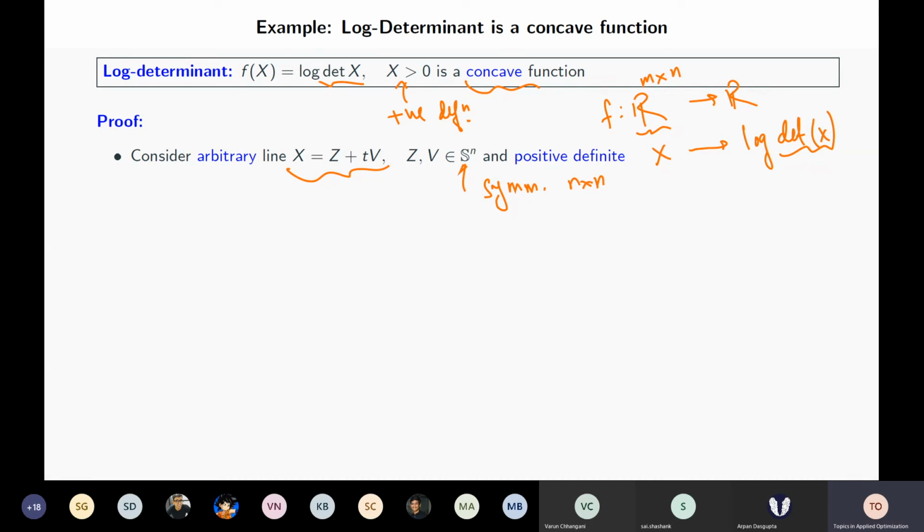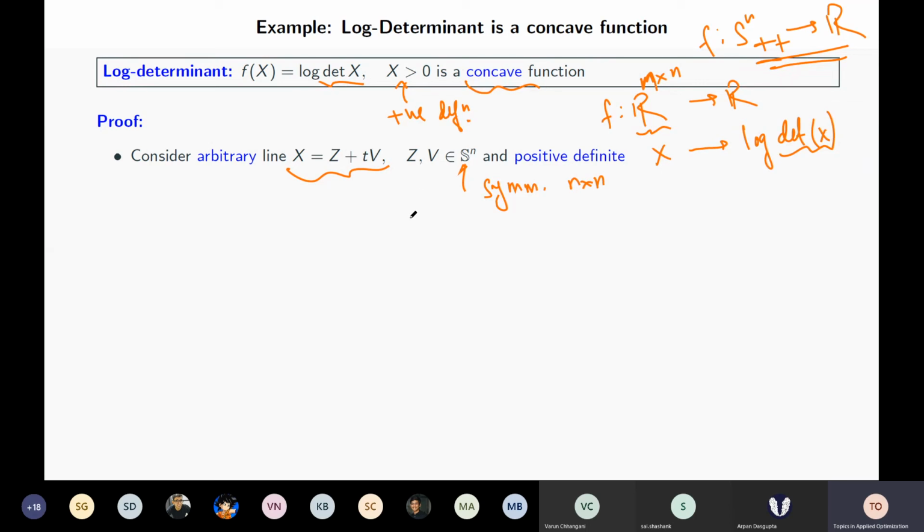So here we assume that the domain is symmetric. I should actually write n by n, because the determinant is only defined for square matrices. A more precise way to say it is that this is a function from S^n_{++}, the set of all positive definite matrices, to R. The domain is the set of all positive definite, symmetric matrices.